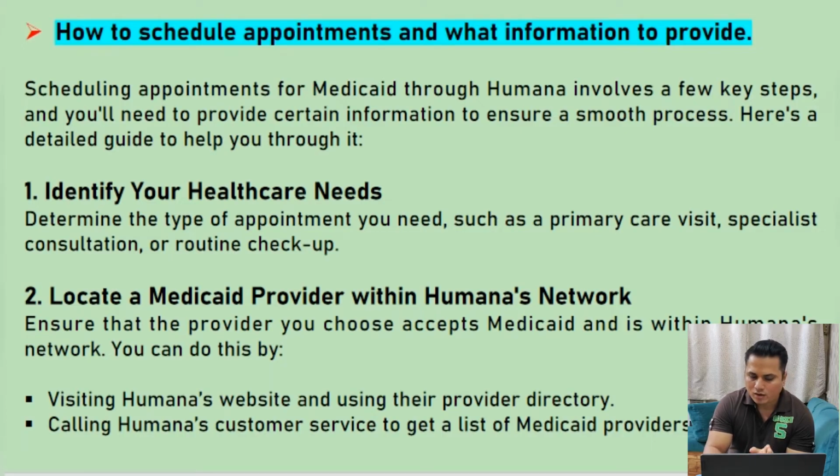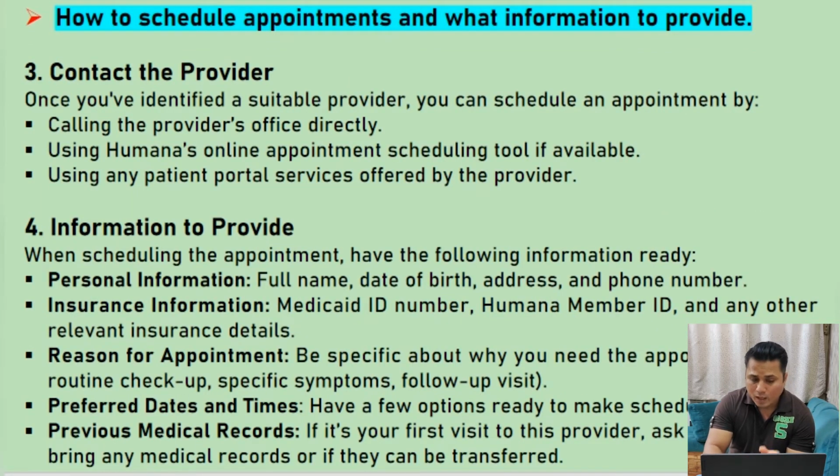Ensure that the provider you choose accepts Medicaid and is within Humana's network. You can do this by visiting Humana's website and using their provider directory, calling Humana's customer services to get a list of Medicaid providers.